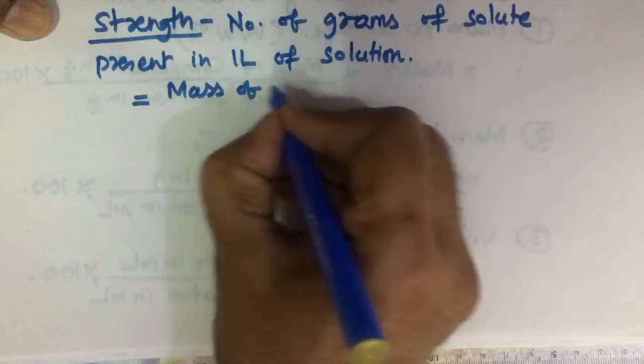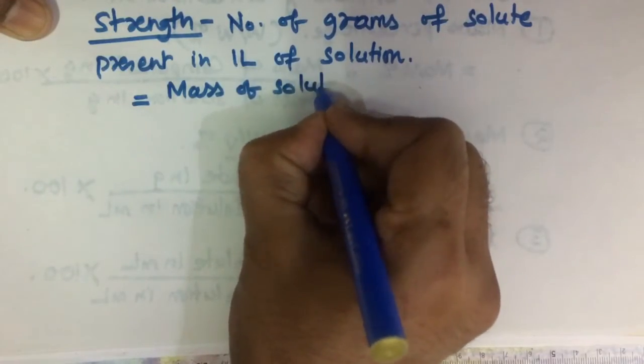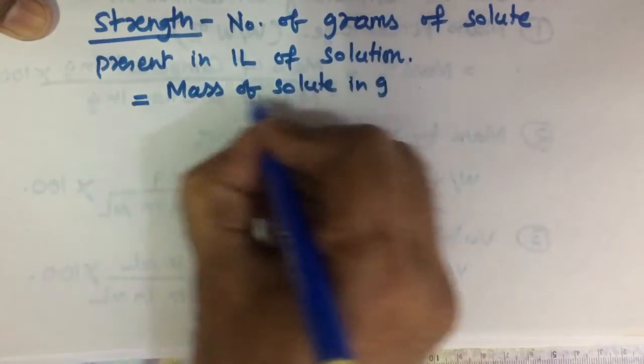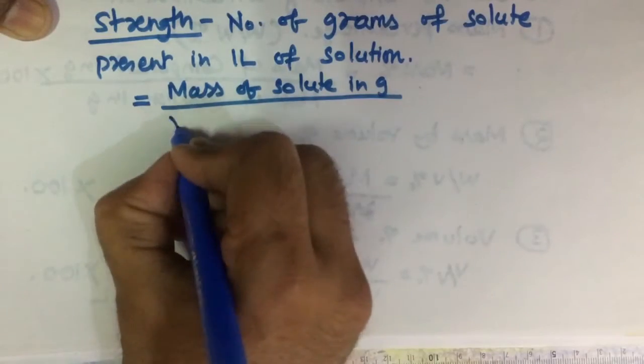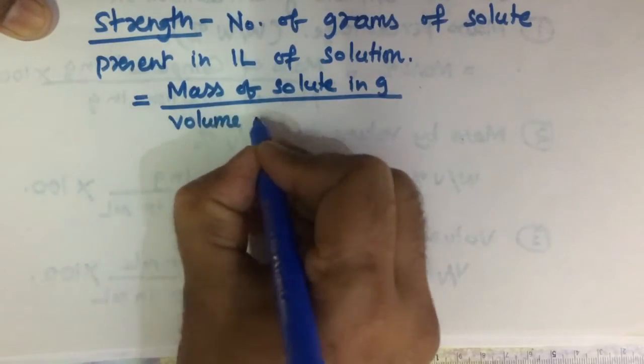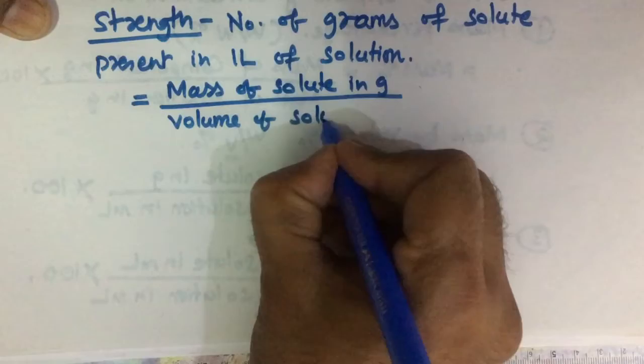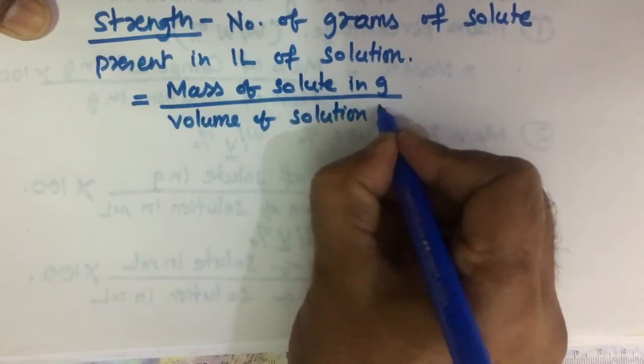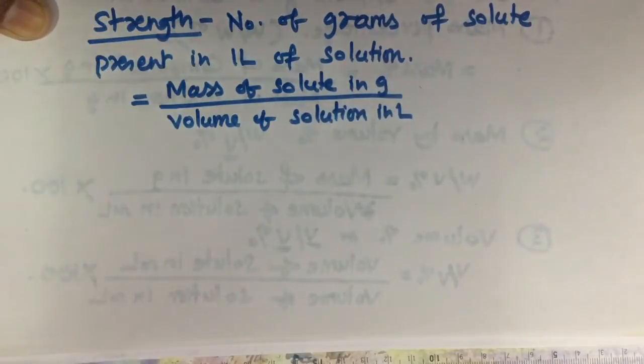So strength is equal to mass of solute in grams upon volume of solution in liters.